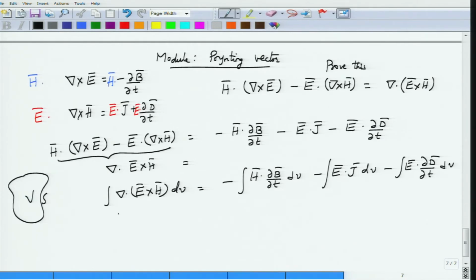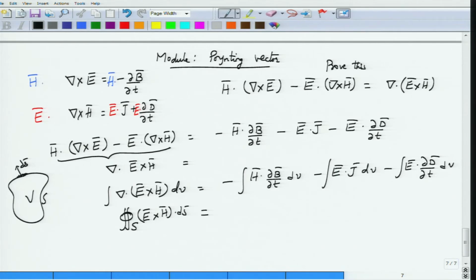The left one, I can replace with the integral over the closed surface of the quantity E cross H dot ds, where ds is the normal to this surface. This is the surface that I am considering, which is enclosing the volume V, and this integral of E cross H over that closed surface is giving me 3 terms on the right hand side.